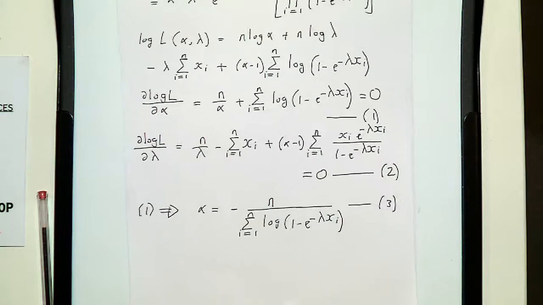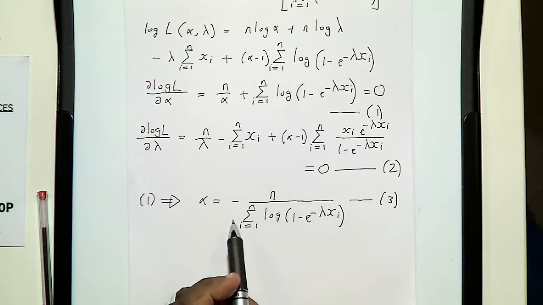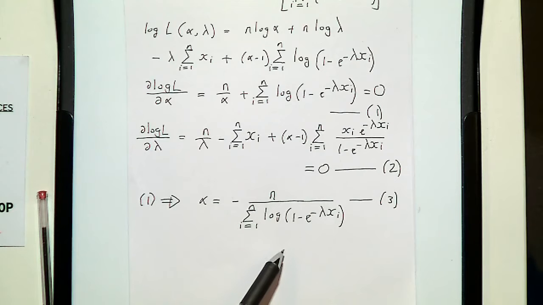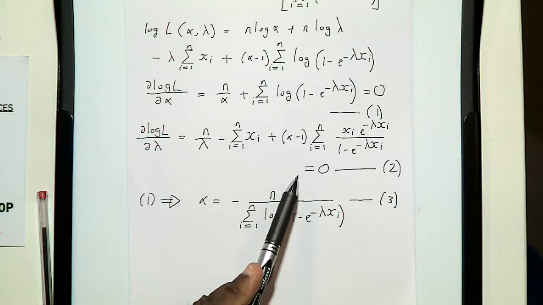So equation 3 expresses alpha in terms of lambda. Now what I'm going to do is substitute equation 3 into equation 2.